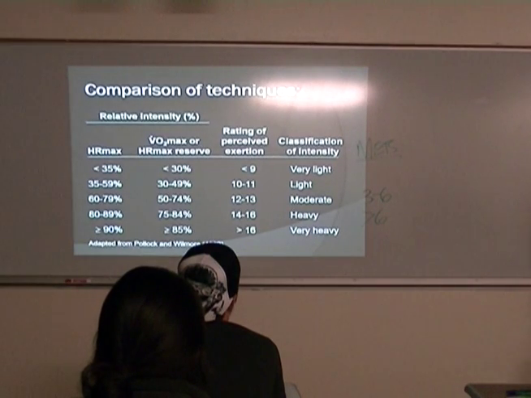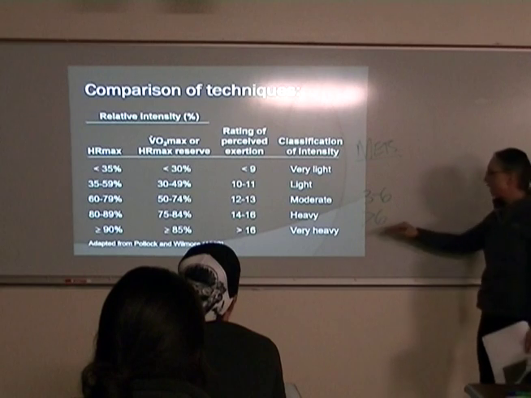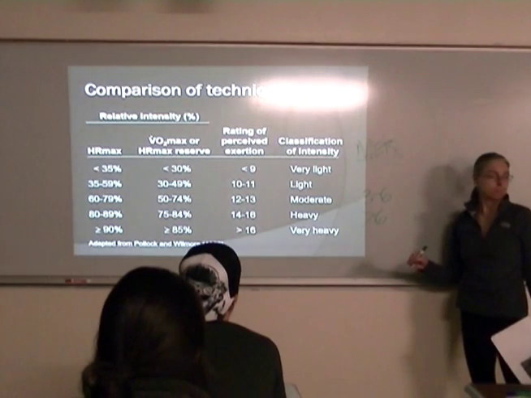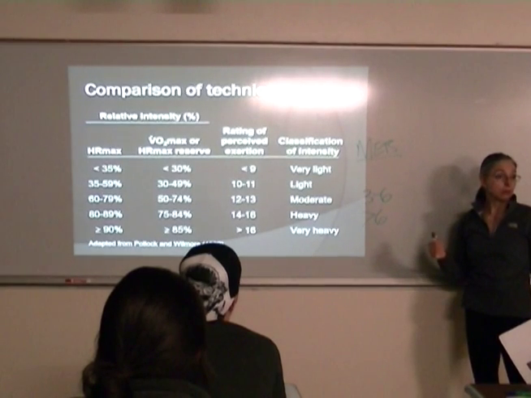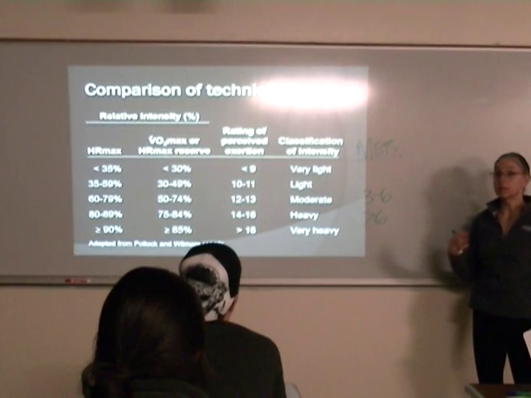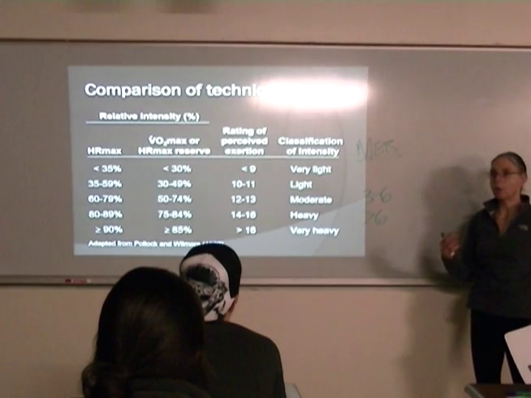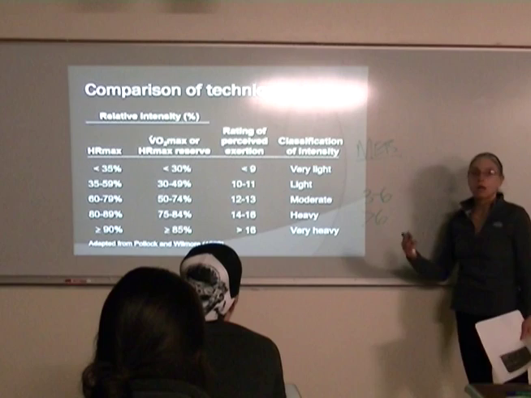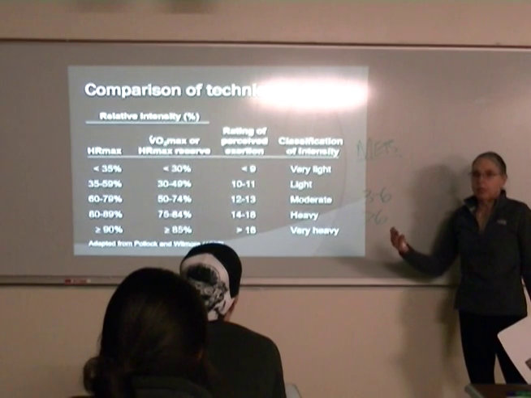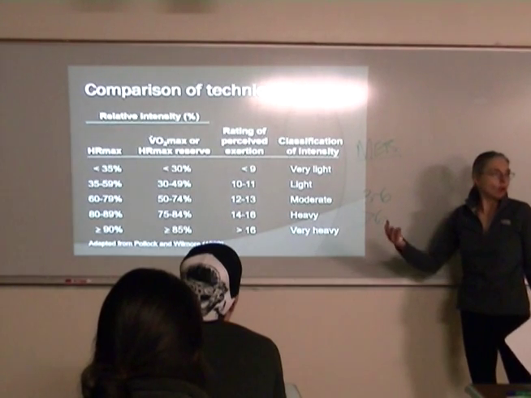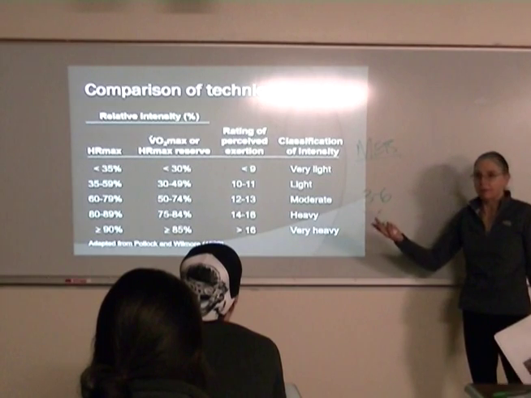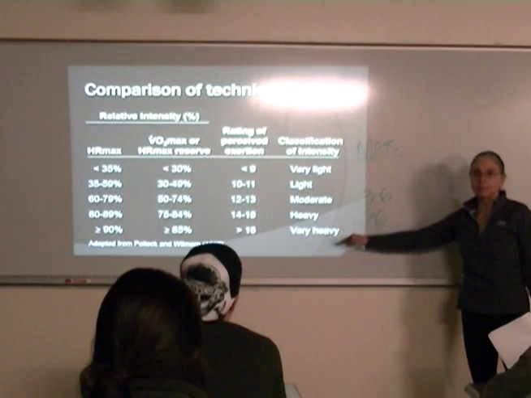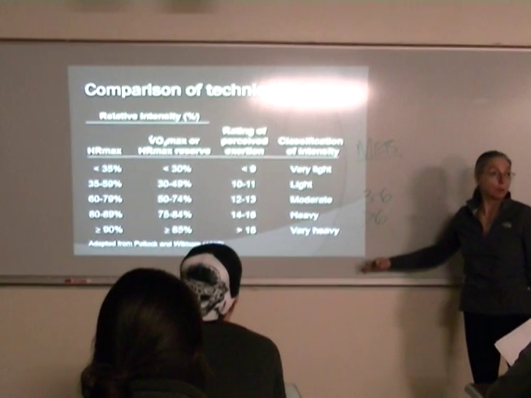If you walk away with nothing else at the end of the semester, you need to understand intensity. The rest of it is great, and it will be helpful if you get it. But if you don't remember sliding filament theory in 2 years' time, it's not going to kill you as a coach. But if you can't remember what intensity you should be setting your program at, you're going to have a problem.